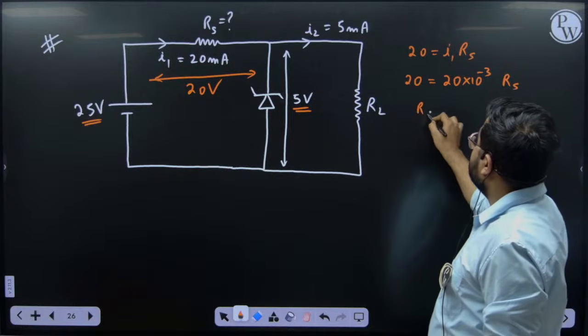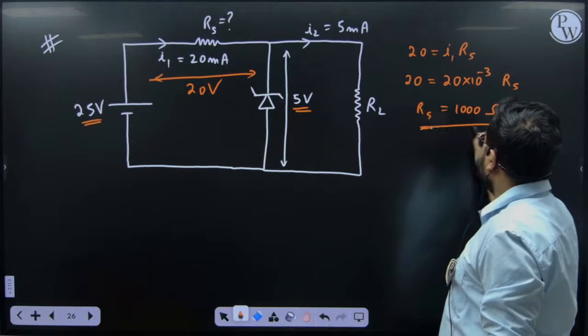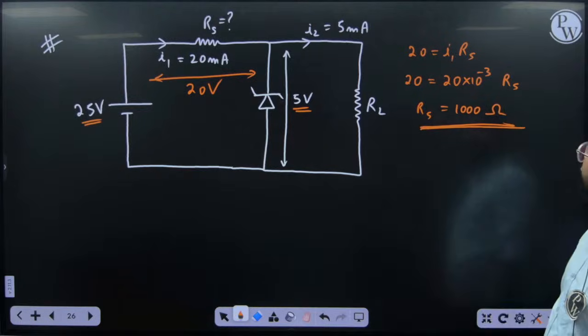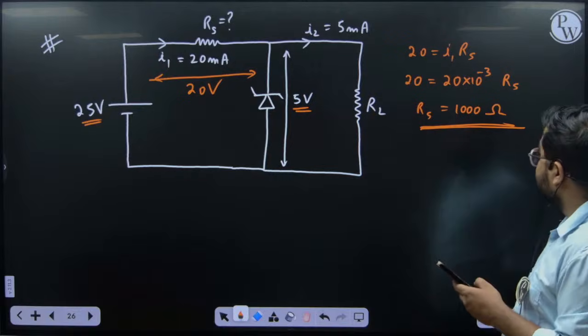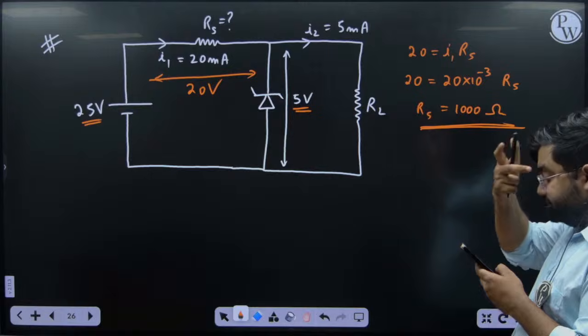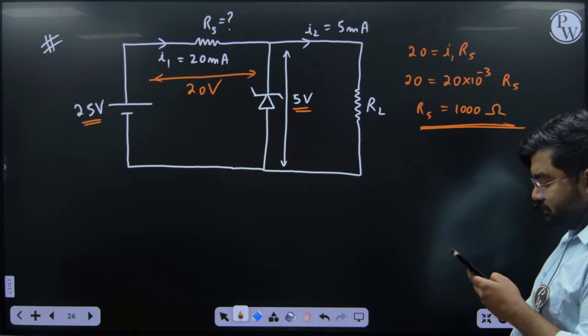So RS comes out as 1000 ohm. So I think this is the answer. Well, it's an integer answer type, so the options are not given.